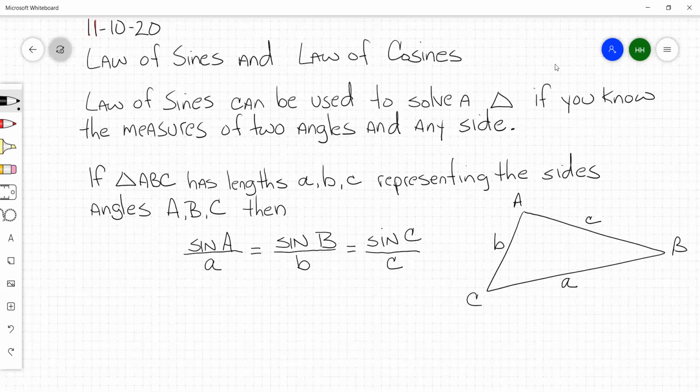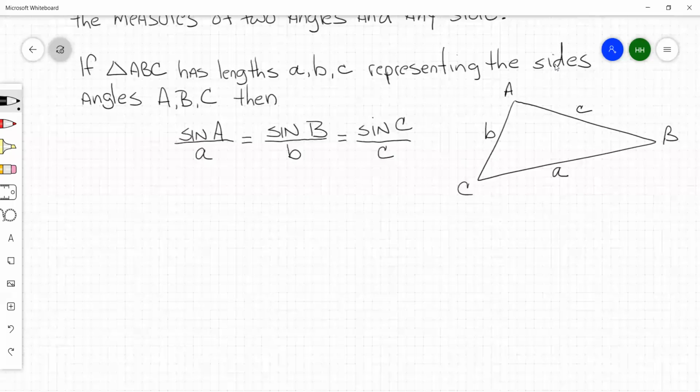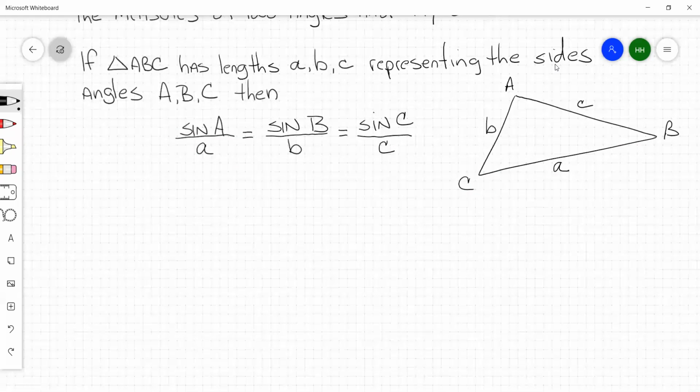So let's say you're asked to find x and y to the nearest tenth.